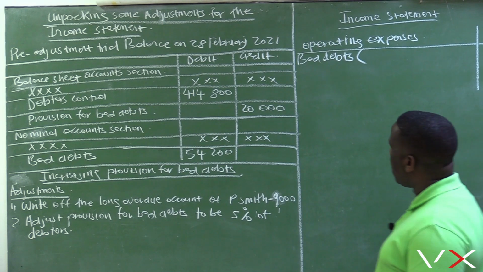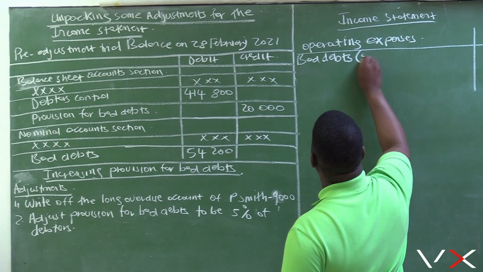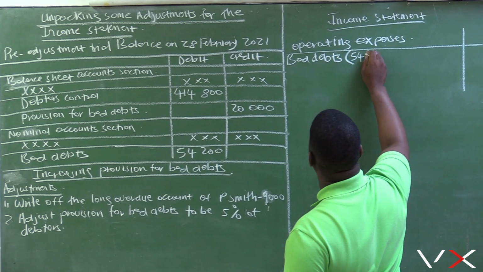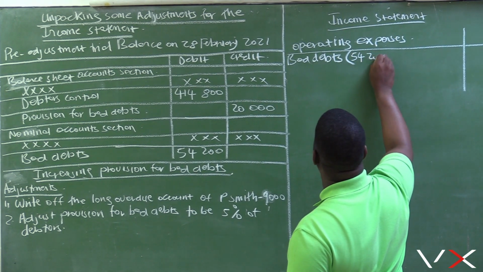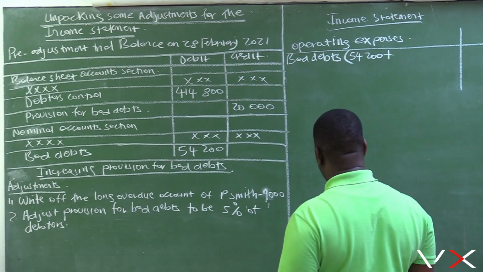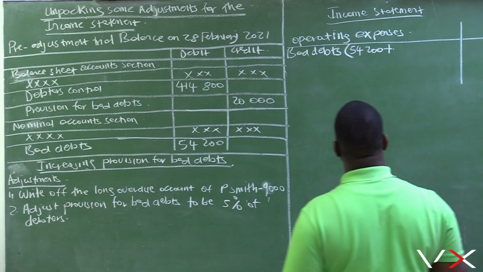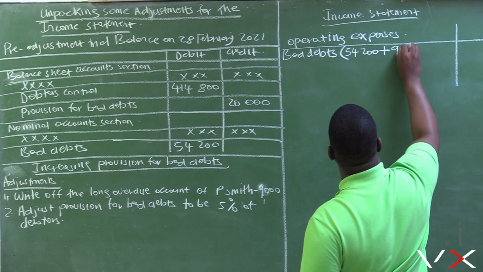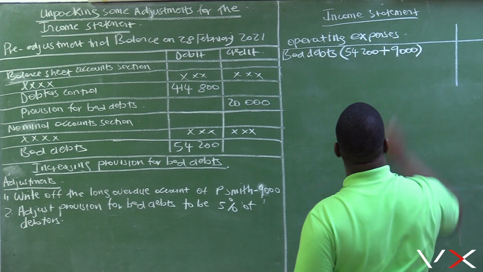It means the current bad debts, the current total, which is 54,200, will then increase because we are writing off a further bad debts of 9,000. So our bad debts will then increase by 9,000.